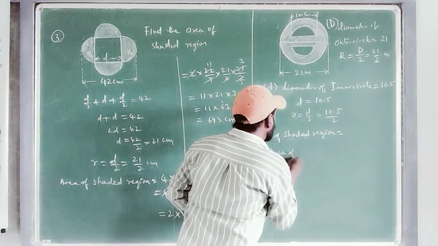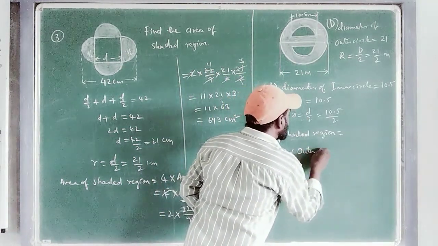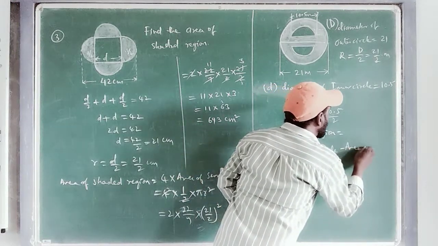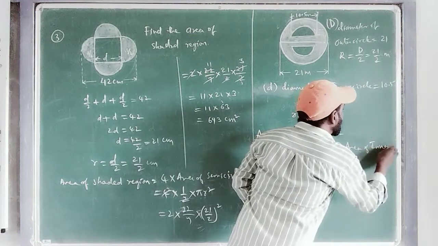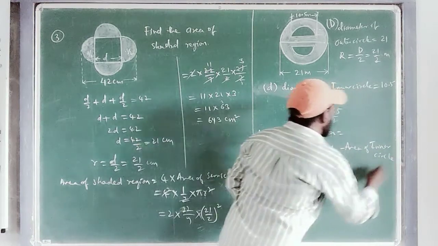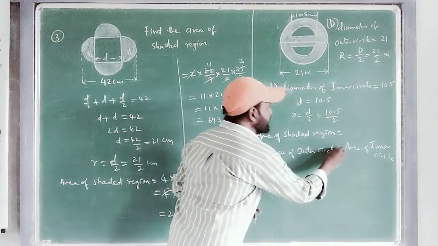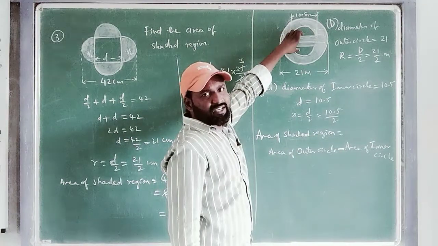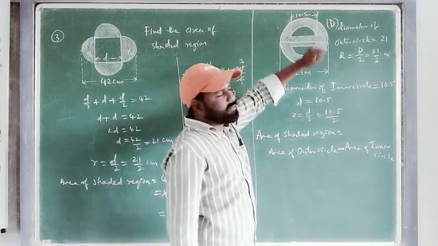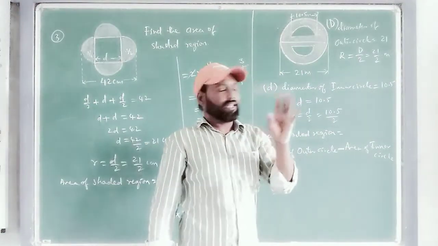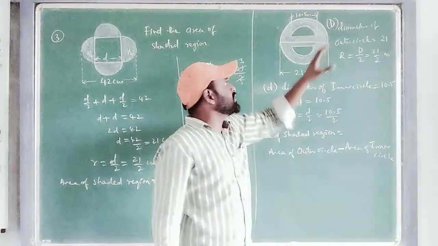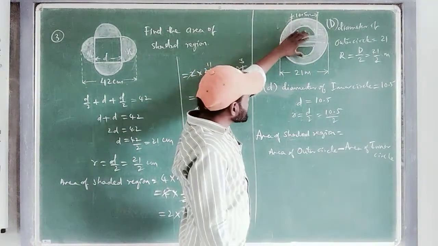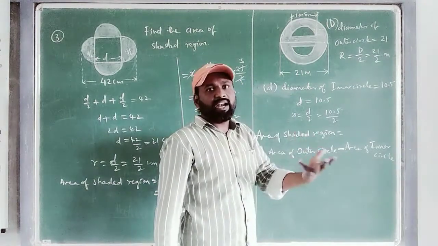Why am I telling you this? Because there are two semicircles of equal size. So if you put two semicircles together, it will become one circle. So inside one circle is there, which is the unshaded portion. Okay, shaded portion is the full circle. Inside a small circle is there, which is unshaded.